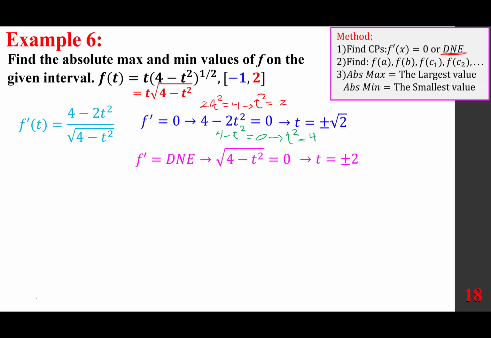So there are 4 possibilities for critical points: positive, negative, square root of 2, positive, negative 2, and we are going to check all those 4 numbers with the given interval.